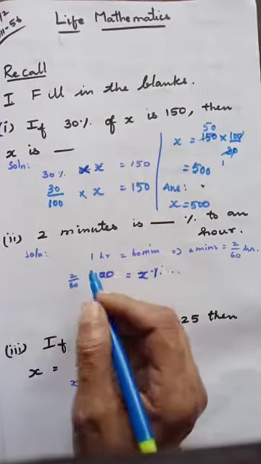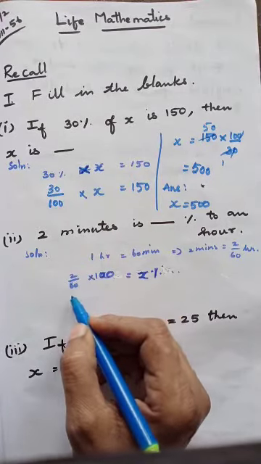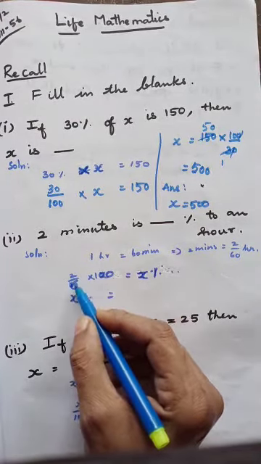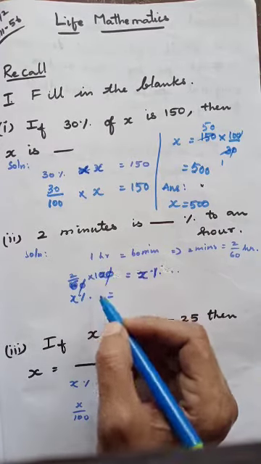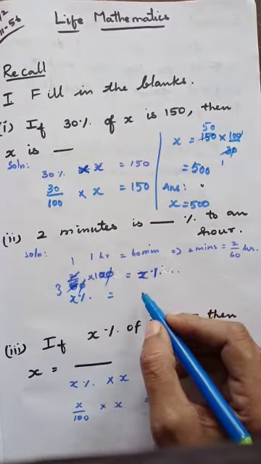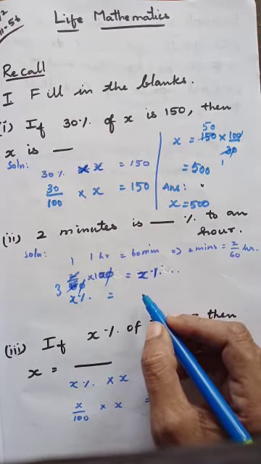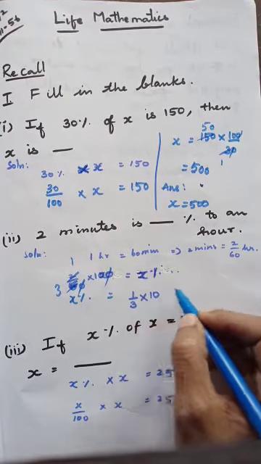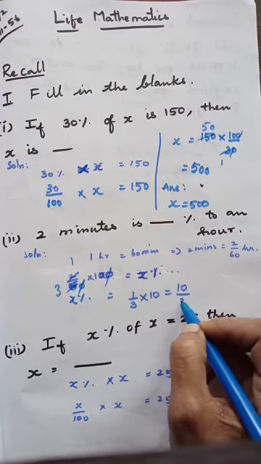So x percent is equal to, you cancel 60: here is 60, no, 0. Then 1 times, here 3 times. So 1 by 3 into 10. That is equal to 10 by 3.